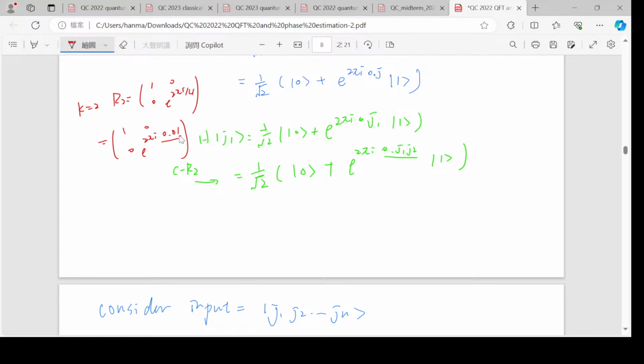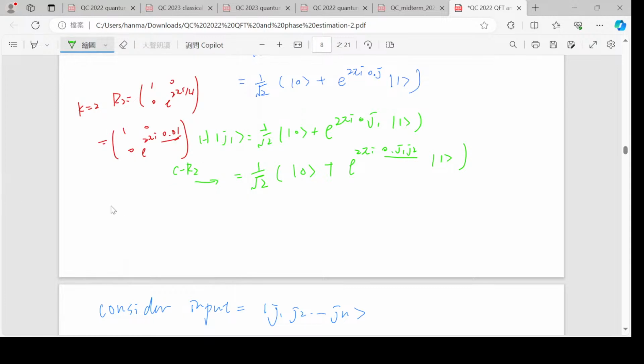And so you see that if j2 equals 1, then you add 0.01 here, and that's exactly what they do here.